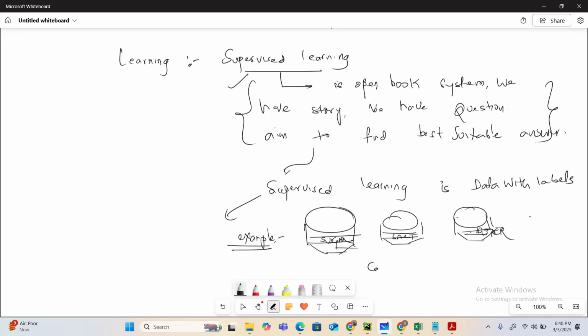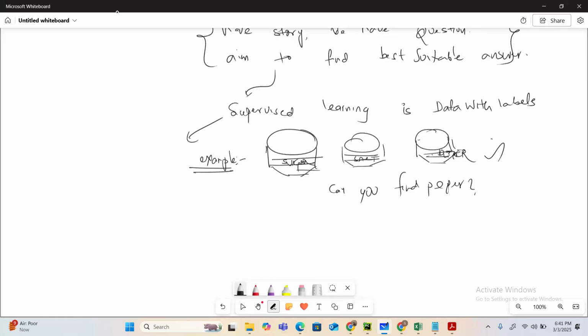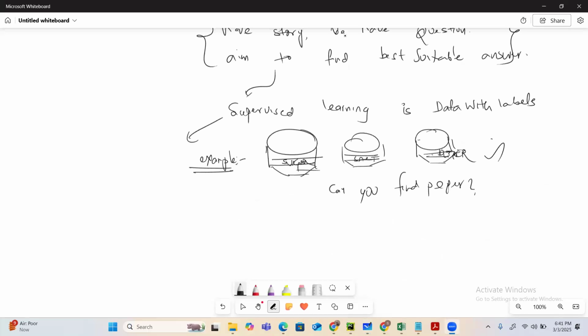Can you find the pepper? Yes or no? Guys, is it an easy task or a challenging task? Easy or challenging? Okay, good.